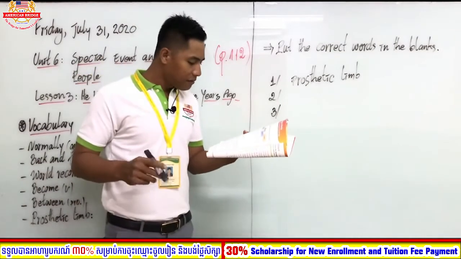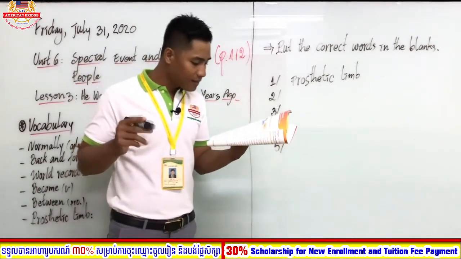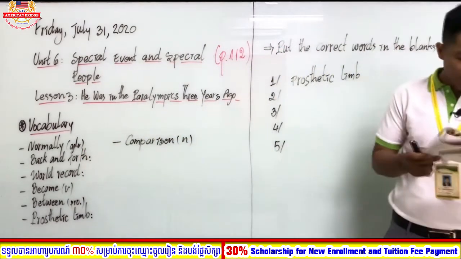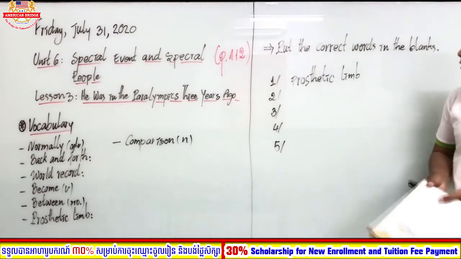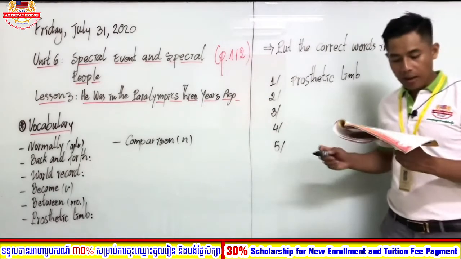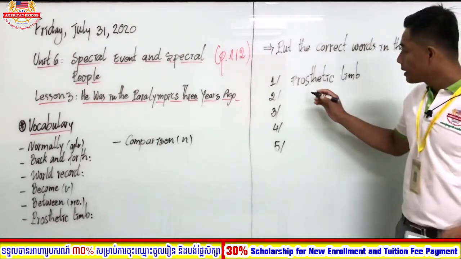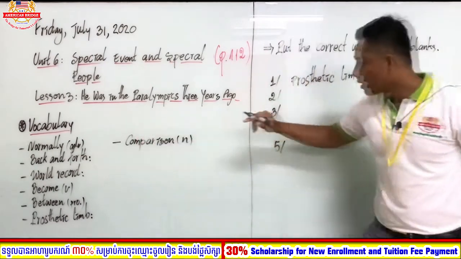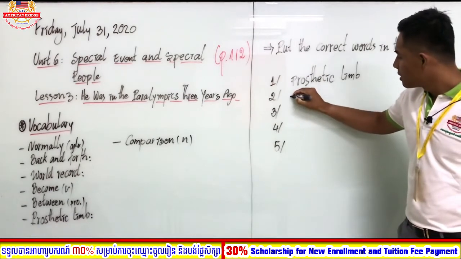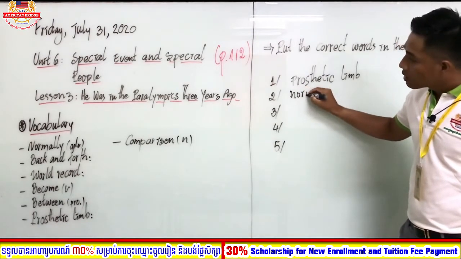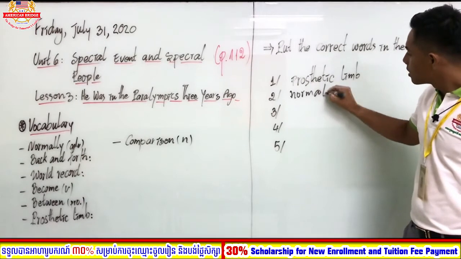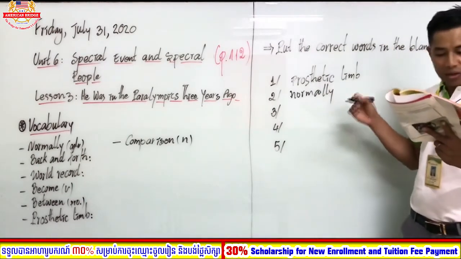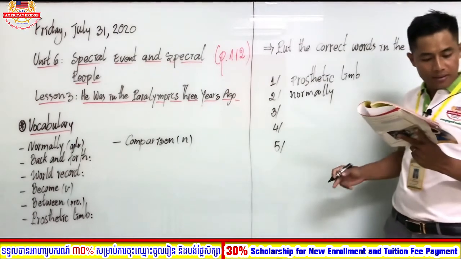Number 2: an athlete with a physical disability is not blank allowed to compete at the Olympics. It should be an adverb. So over here, adverb, normally. Normally allowed to compete at the Olympics.